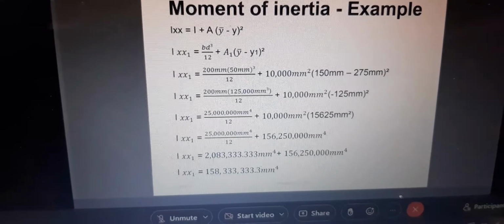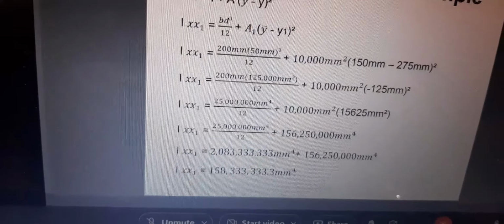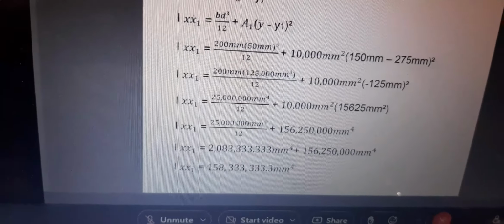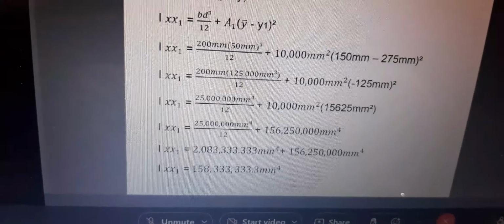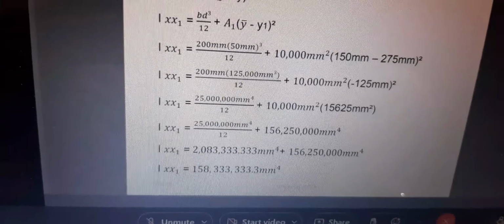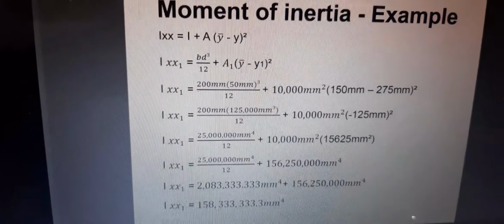Now this is a large value. I can express this in another way. If I wanted to express that using significant figures, what would it be? Anybody remember how to work that out? How you move the decimal point from the end and so forth? Alright.